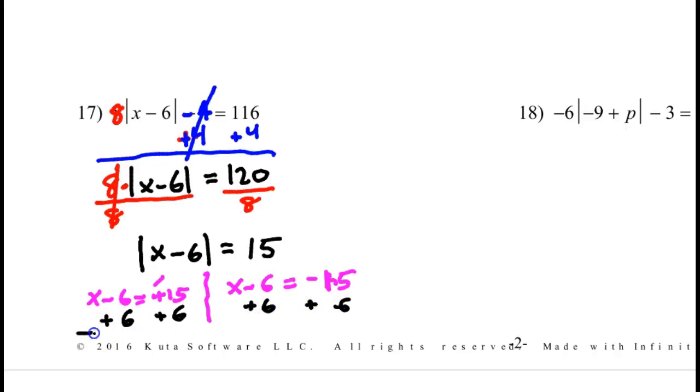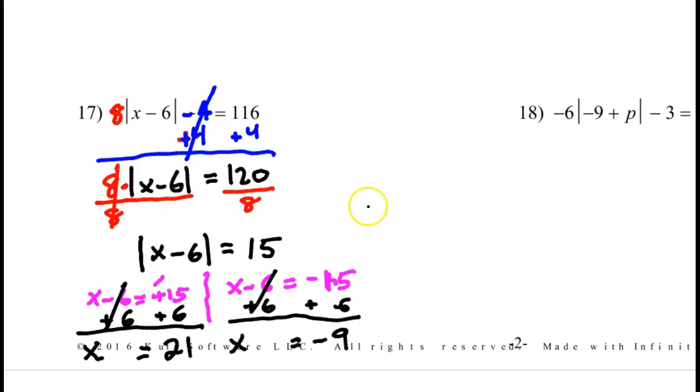Adding 6 on both. x left over on the left equals 15 plus 6, which is 21. x equals negative 15 plus 6, which is negative 9. Final answer will be negative 9 and 21 in the braces.